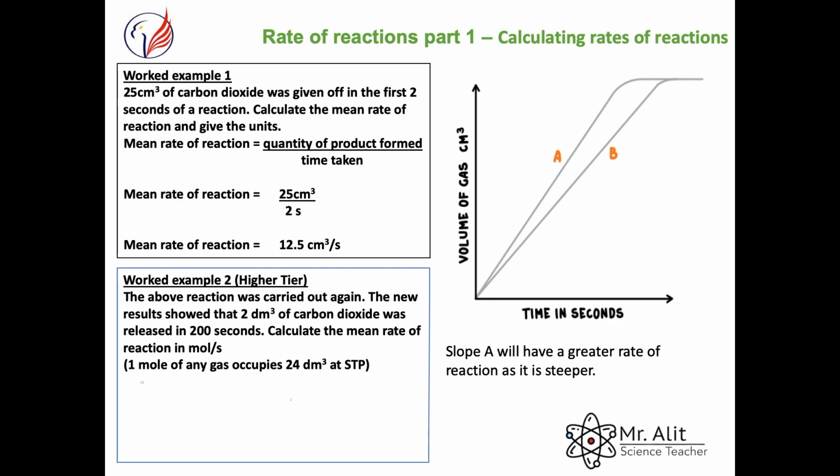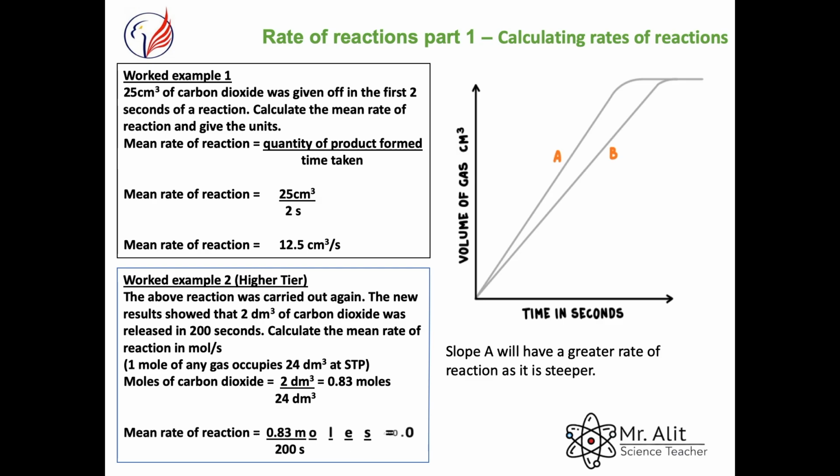So here you have to find the moles first. The moles of carbon dioxide is 2 decimeter cubes over 24 decimeter cubes equals 0.83 moles. Once you find the moles, you have to divide it by the seconds. It's as simple as that. So what you're going to write is like this: 0.83 moles over 200 seconds equals 0.0042 mole per second. This is very easy. That's how you calculate the rate of reactions.